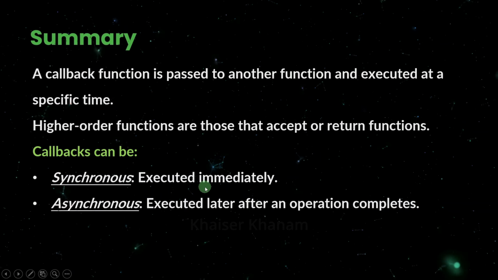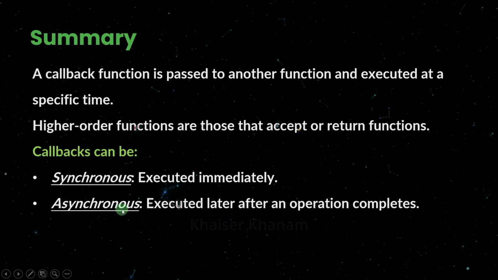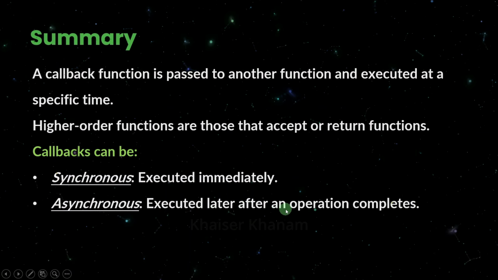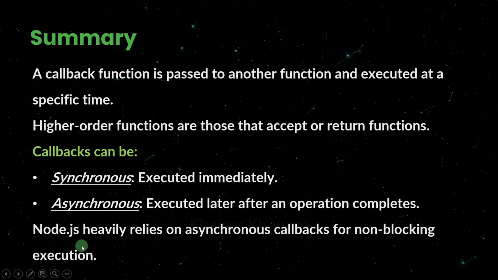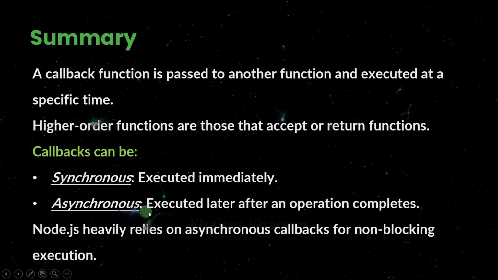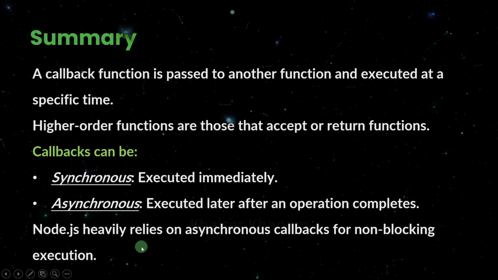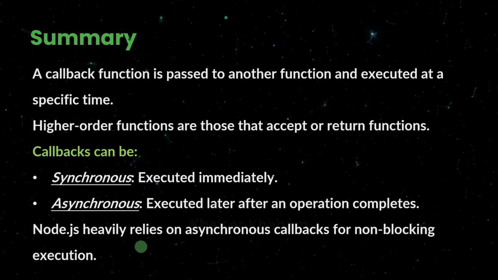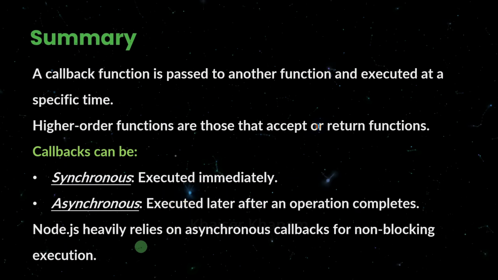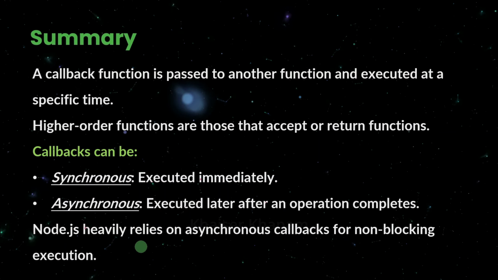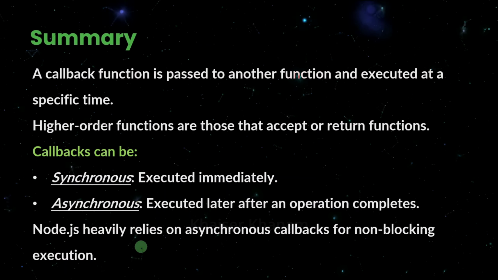Synchronous, which will be executed immediately, and asynchronous, it will be executed later once the operation completes. And this Node.js heavily relies on asynchronous callbacks for non-blocking execution. So that is the reason due to which even after being single-threaded, because of this asynchronous callback, we can easily write non-blocking code in Node.js.